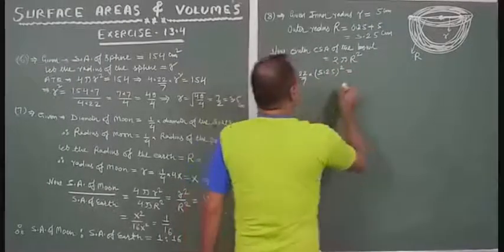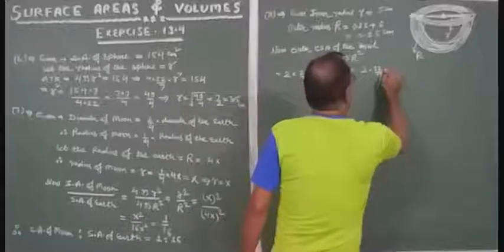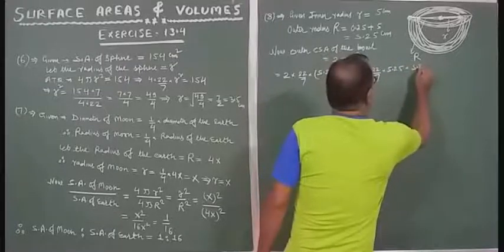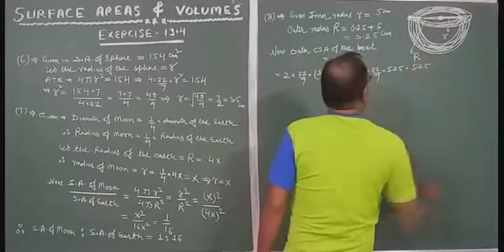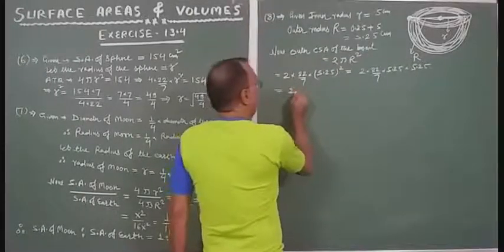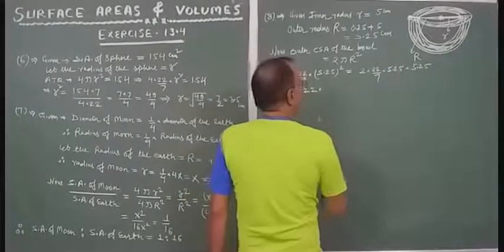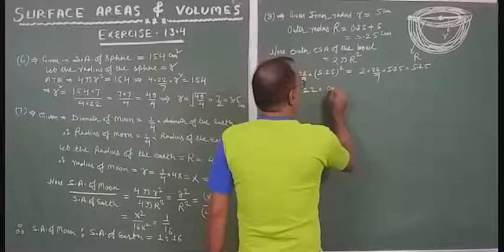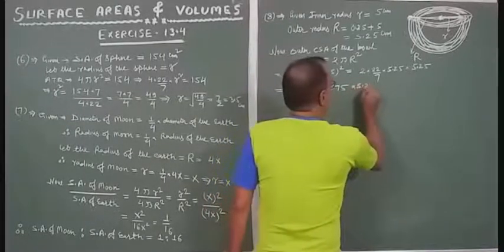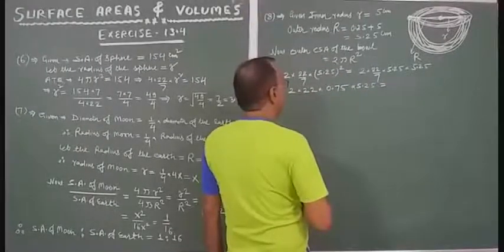Just take it out: 2 into 22/7 into 5.25 into 5.25. This will become 2 into 22 into, 7 7s are 49, into 5.25. Now we can just multiply them.